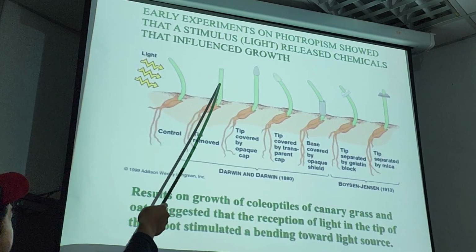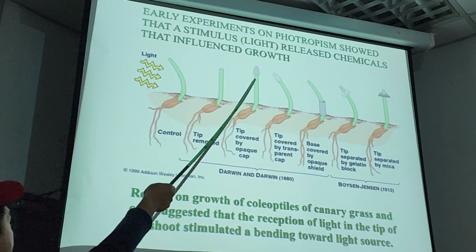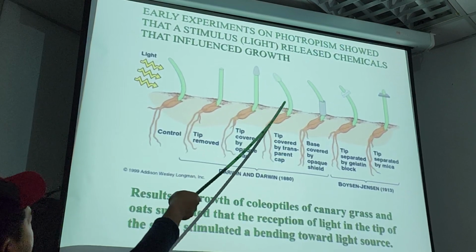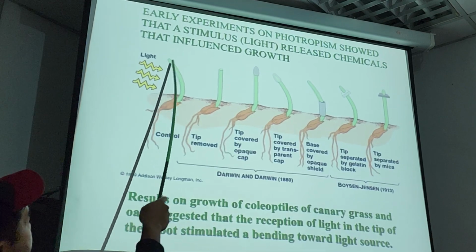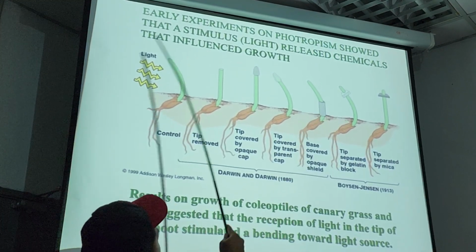When the tip is removed, it stays erect. When the tip is covered with something opaque, it's going to stay erect as well. But when the tip is covered with something transparent, it follows the control. When only the base is covered, it will follow the control.